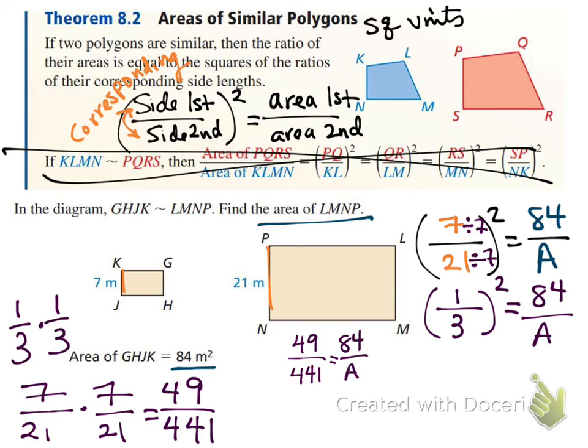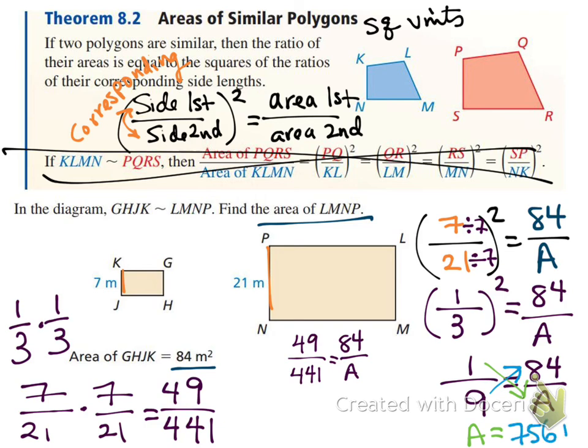It's just being multiplied times itself. So 1 times 1 is 1, and 3 times 3 is 9. I will show you that you get the same answer no matter what. Continuing with this, 1 times A is A, and 9 times 84 is 756.